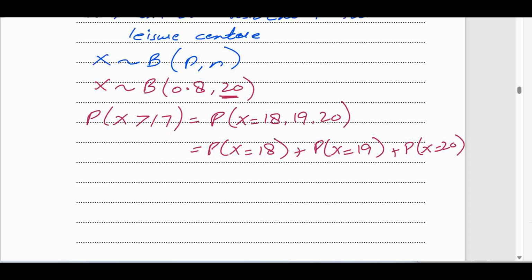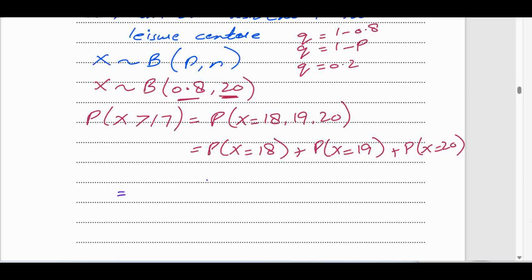This is N and this one is P. So if P is this, Q will be equal to 0.2 because Q is equal to 1 minus P. So Q will be equal to 1 minus 0.8. So ये 0.2 आ रहा है आपके पास. So further we can directly apply the formula.